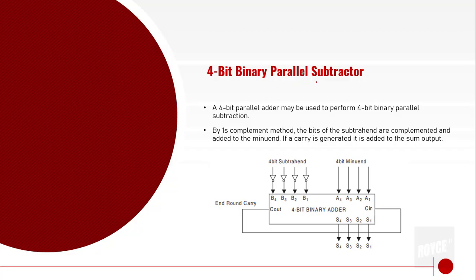By using the ones complement method or the twos complement method. Now here, in this example, in this circuit, what's being used here is the ones complement method. In ones complement method, what we do is ganito.